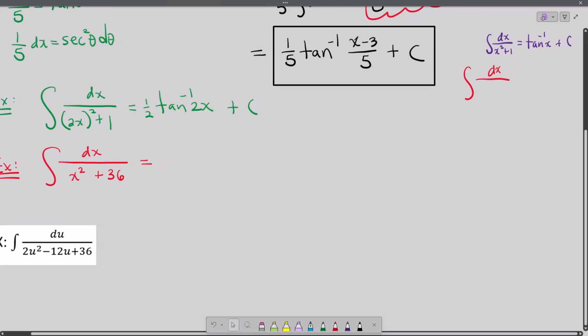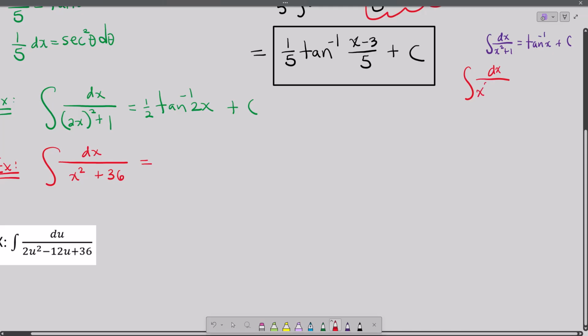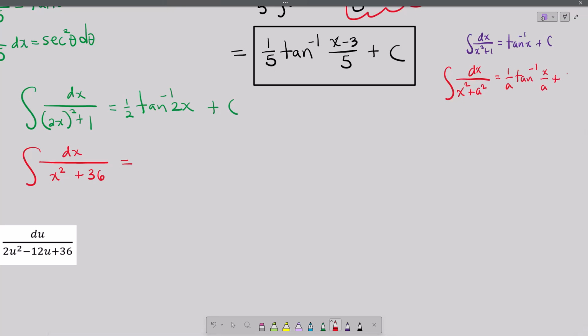My strategy is to remember just this one where you have a 1, and not a number different than 1. If you do have a number different than 1, this is the formula in the chart. They try to generalize. And so this is going to give you 1 over A inverse tangent of x over A plus C.